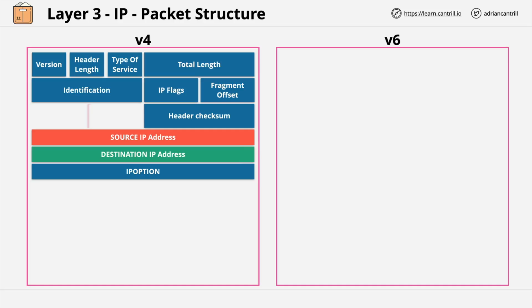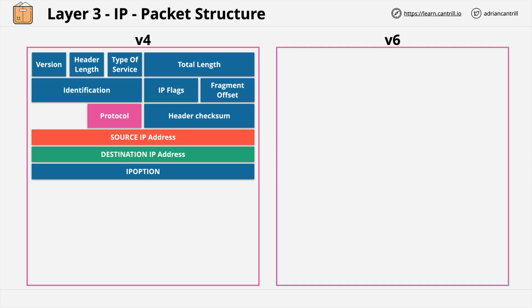There's also the protocol field, and this is important because IP is Layer 3. It generally contains data provided by another layer, a Layer 4 protocol, and it's this field which stores which protocol is used. So examples of protocols which this might reference are things like ICMP, TCP, or UDP.